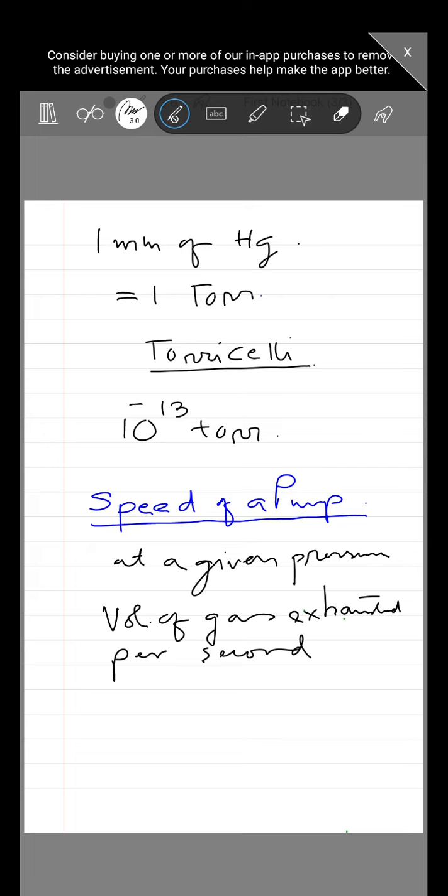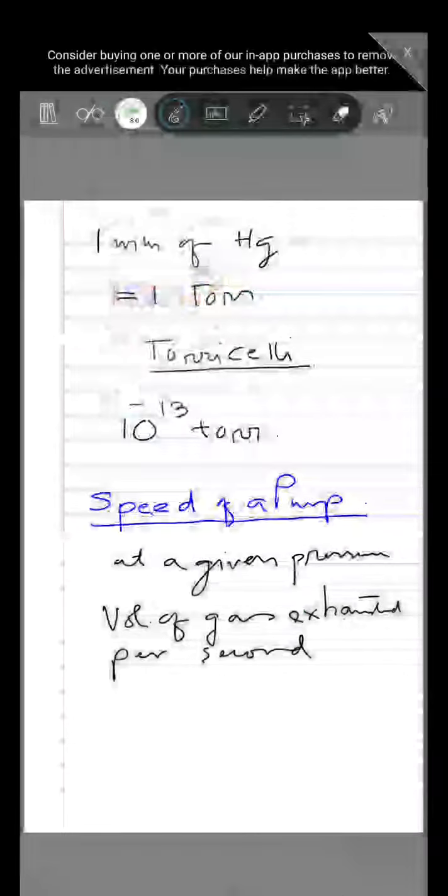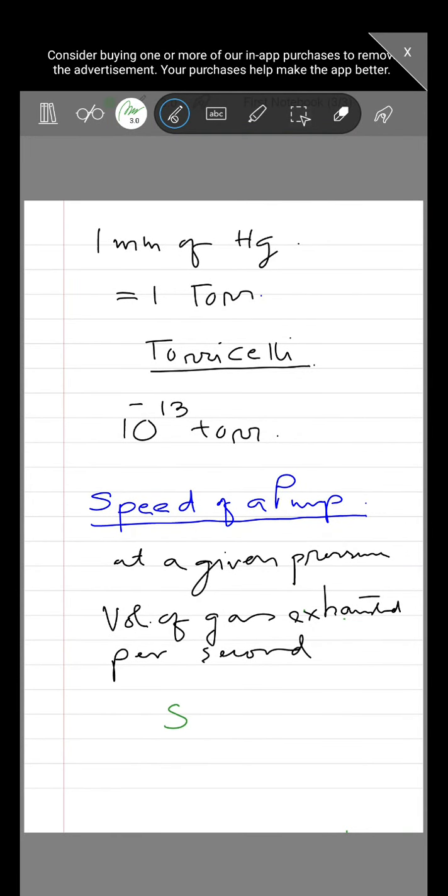Mathematically, S is equal to minus dV by dt, where V is the volume and dV by dt is the rate of change of volume. Since it is decreasing with time, we have a minus sign. This is the volume of the gas in an enclosure at any instant.